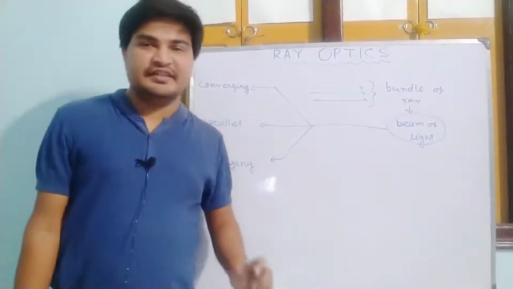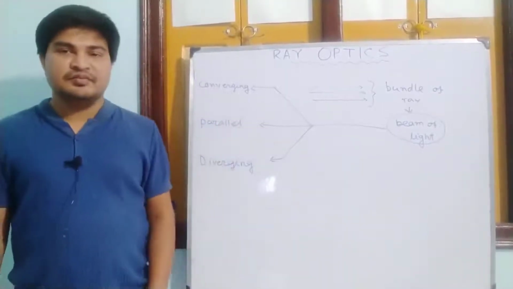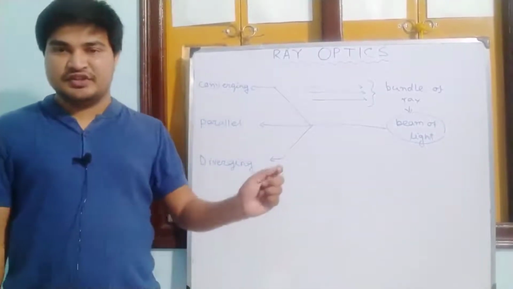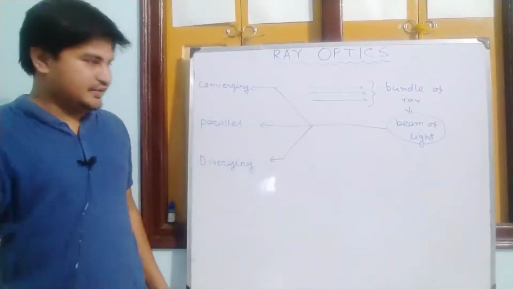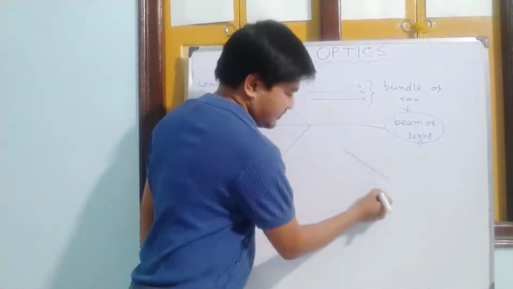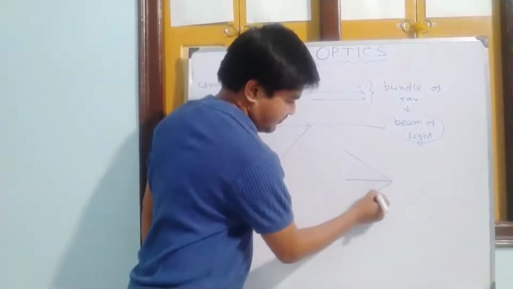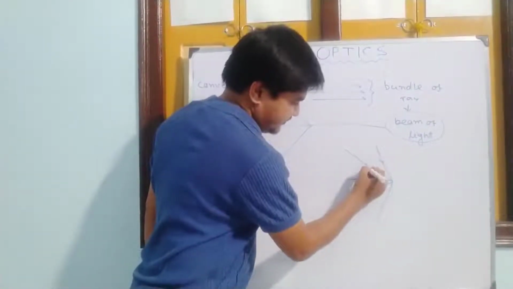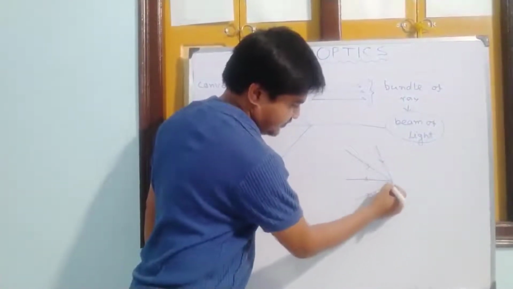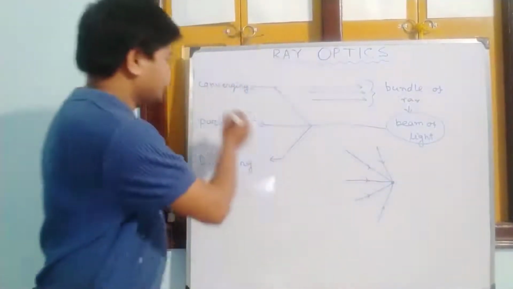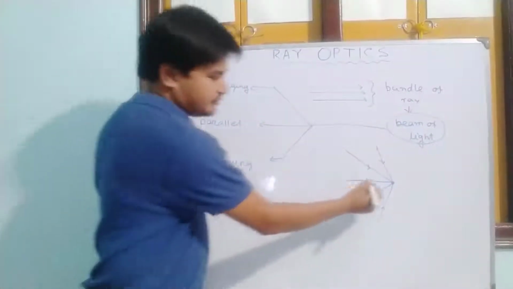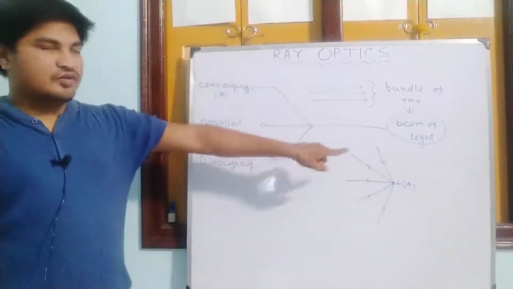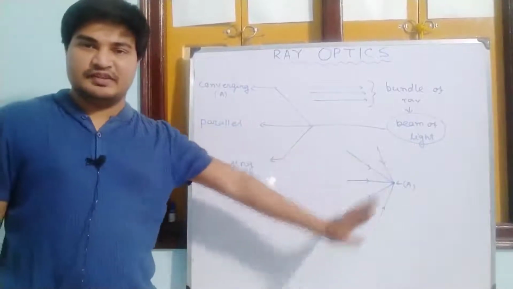What is a converging beam of light? If a beam of rays meets at a point, then those rays are called a converging beam of rays. Seeing it as A, this is called converging rays.